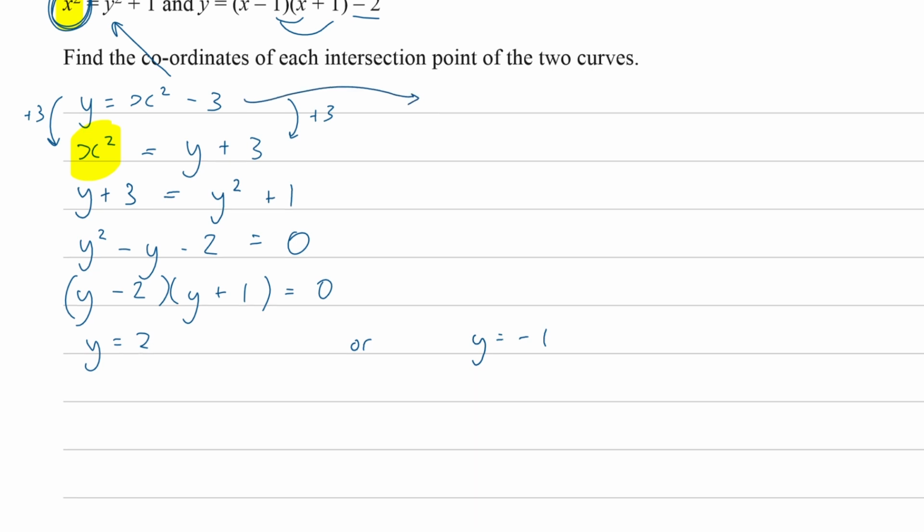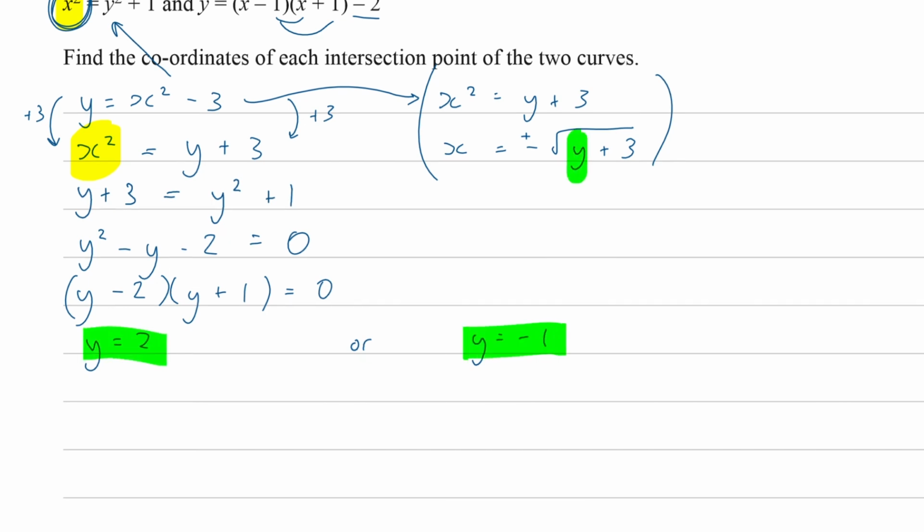It'll make our lives a bit easier. So x squared equals y plus 3. So x equals plus or minus the square root of y plus 3. Alright, so I just rearranged that quadratic. So now we can substitute in our y value to get the corresponding x values.